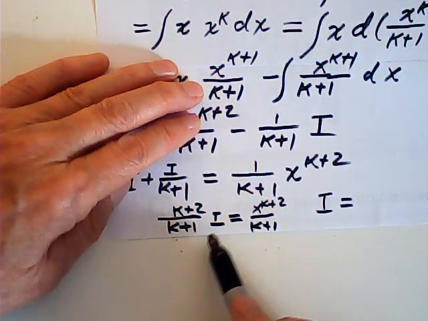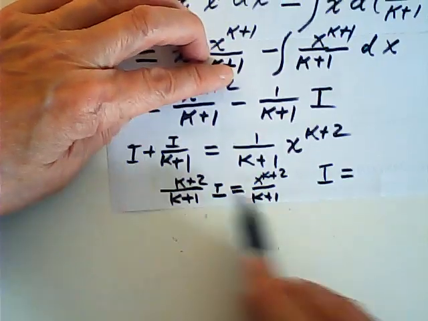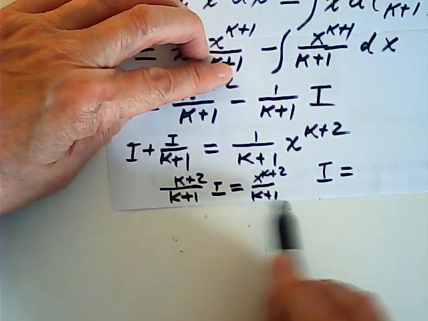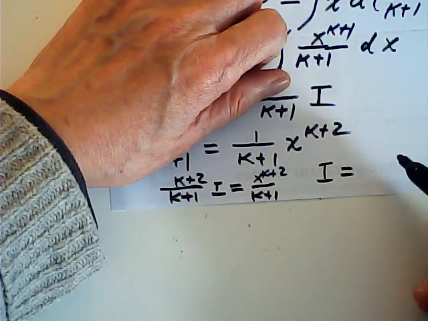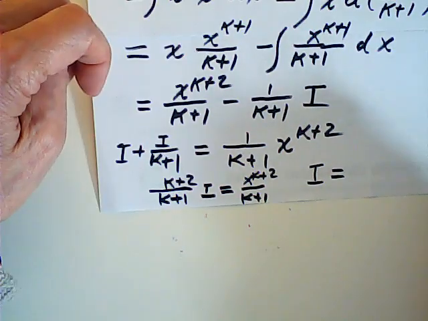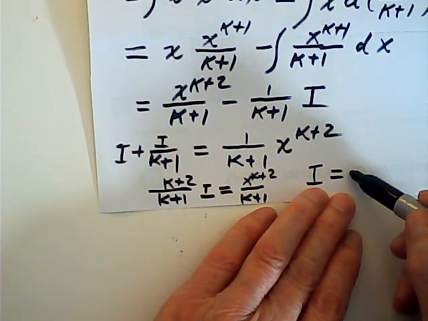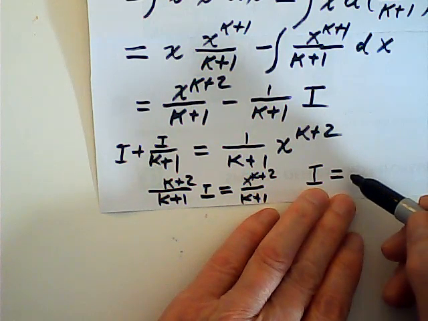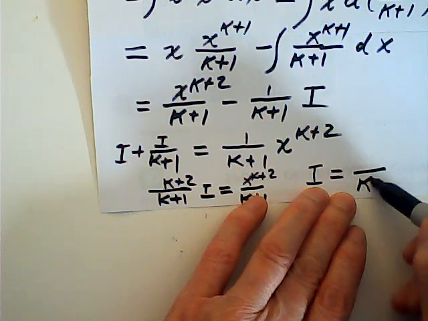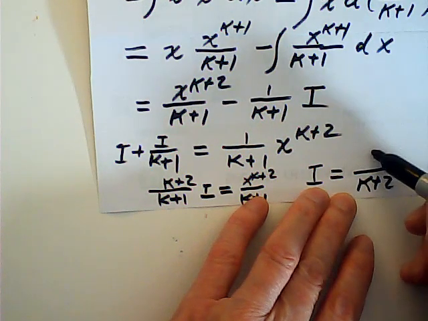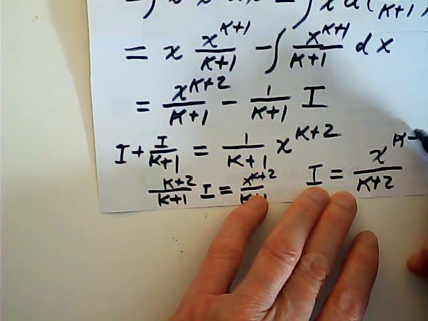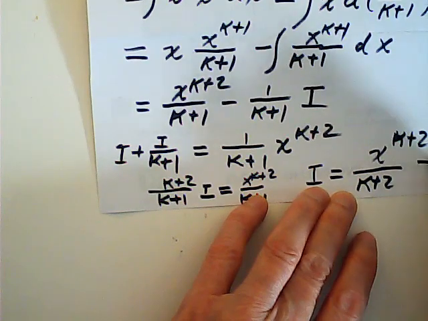So I is equal to, by multiplying k plus 1 on both sides, 1 over k plus 2 times x to the power of k plus 2, plus the constant.